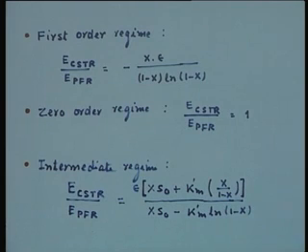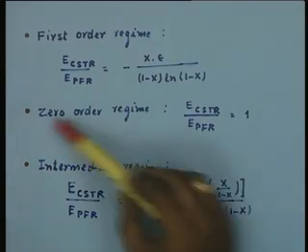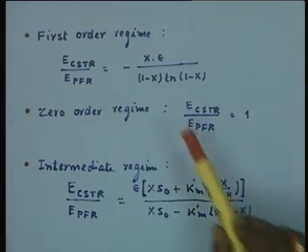There are 2 parameters: either you can keep the space time constant and increase the enzyme loading, or you can keep the enzyme loading constant, and then the space time can be varied. In the case of PFR the space time required will be much less compared to CSTR in the first order regime. And then of course, in the 0 order regime the space time will also be identical in the 2 cases.